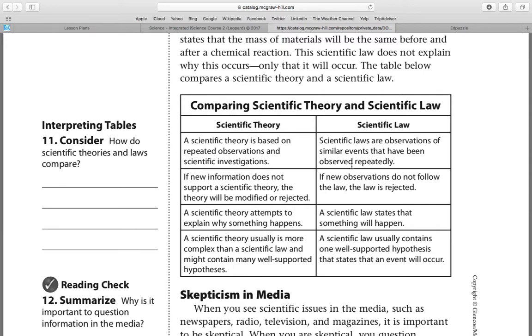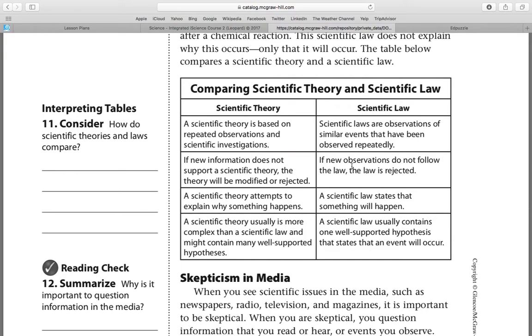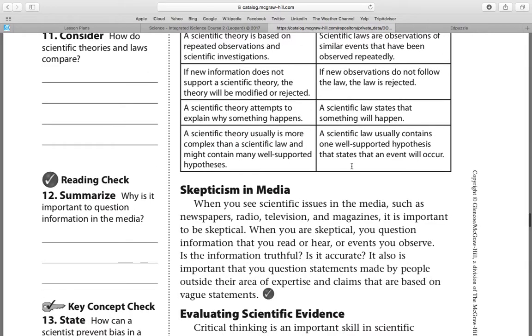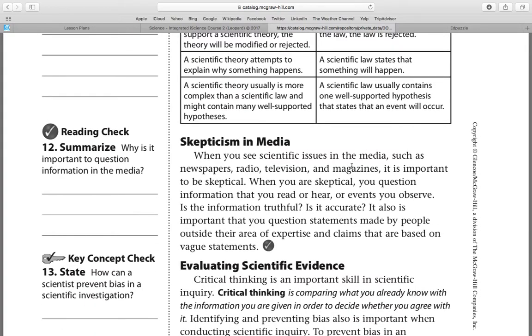Question number 11, how do scientific theories and laws compare? I basically just went over that. It says a theory explains how and why a particular event occurs, and a law simply states that it will occur.